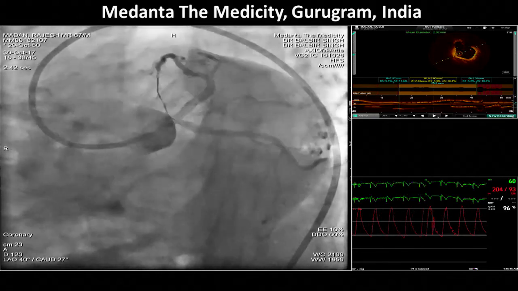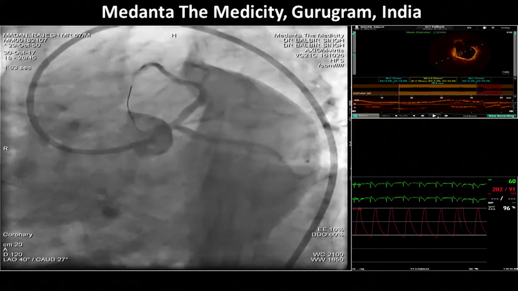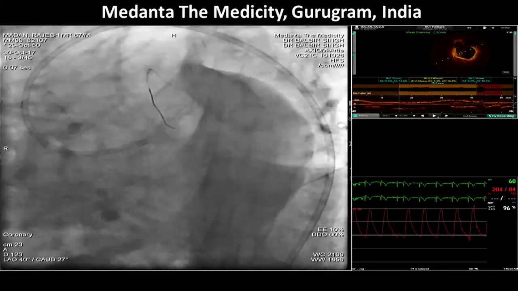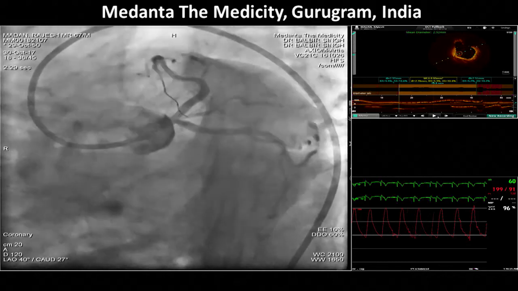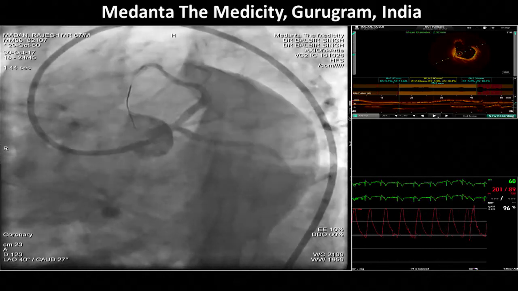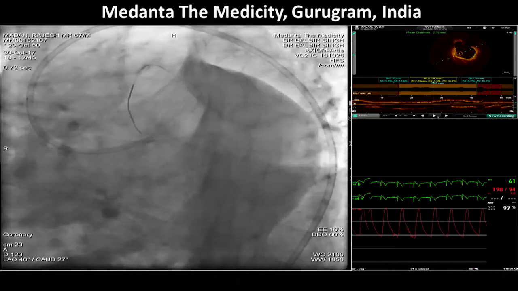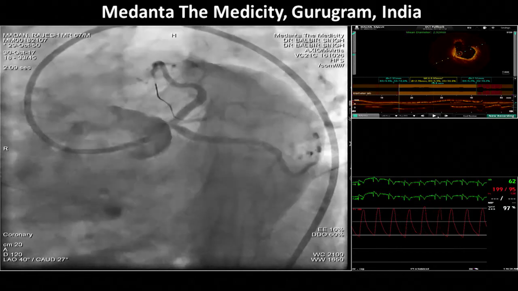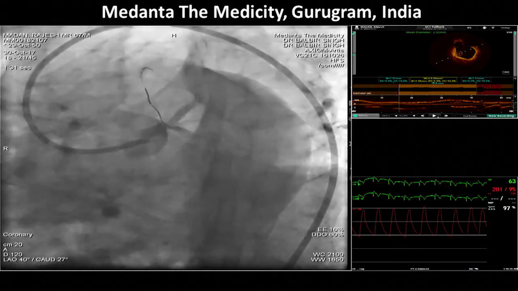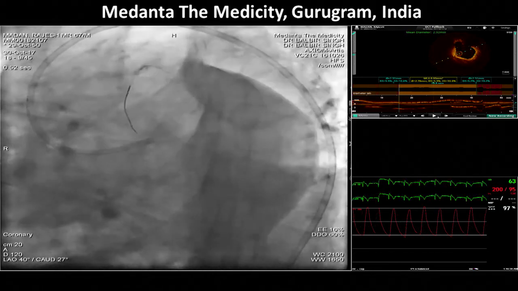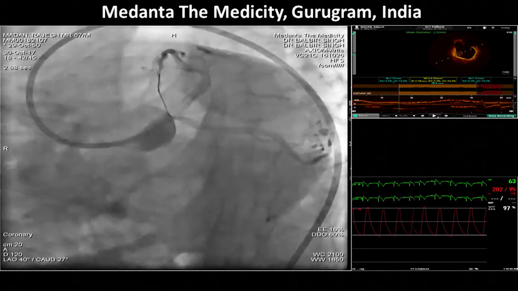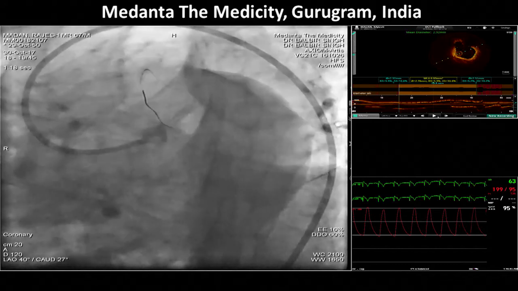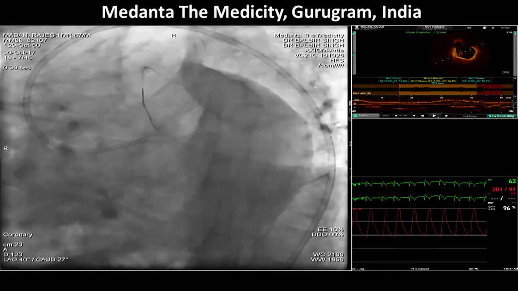Maybe Dr. Singh, I will ask you to just summarize your main points of the case and what do you think are teachable moments in this procedure? So the main points are, this was an acute myocardial infarction that happened yesterday, and we have addressed the non-culprit lesion, as is the data from the COMPARE trial and the other two randomized trials, which suggest that if you do a non-culprit PCI within 72 hours, the MACE and the death rates are lower.